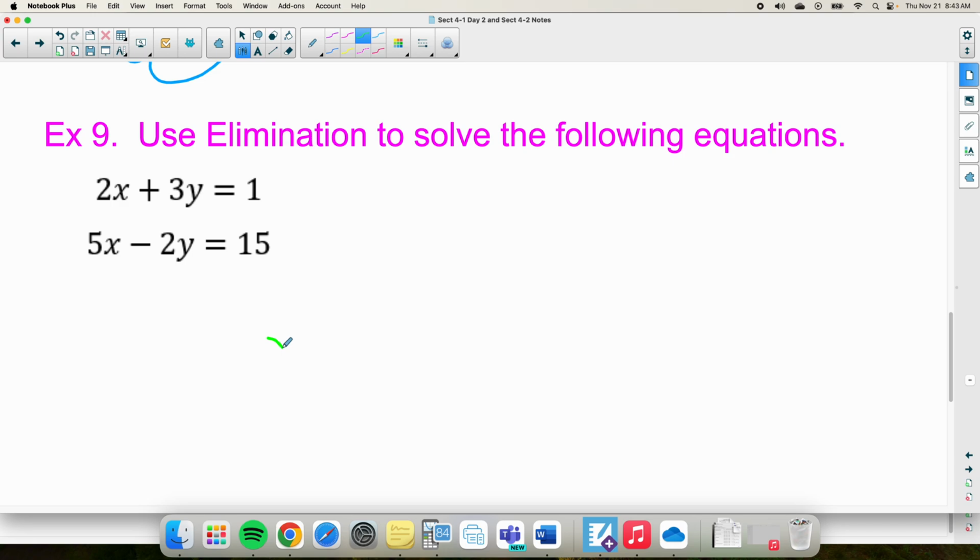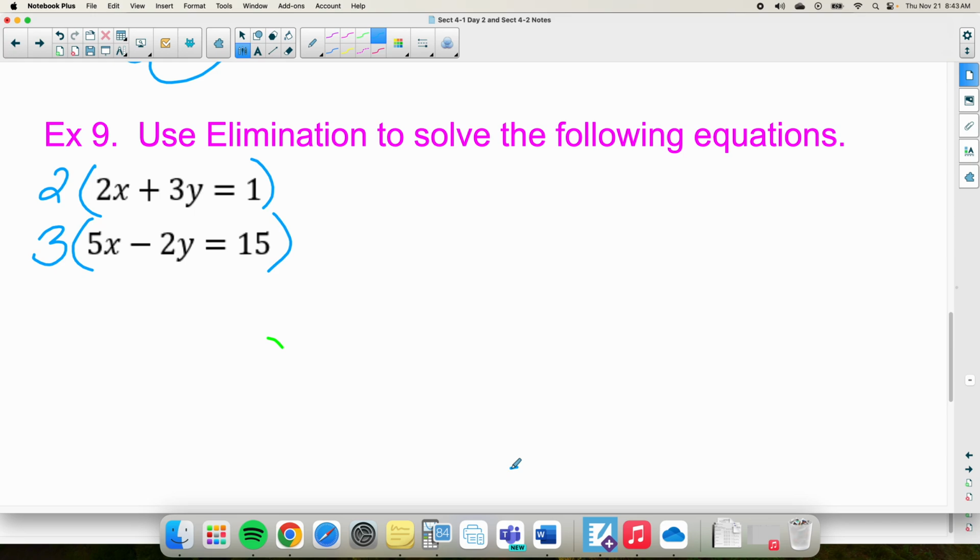What do 3 and 2 go into? 6. So I want one of them to be +6 and one to be -6. Do you guys agree for this one I'd multiply it by 2, and this one I'd multiply by +3?